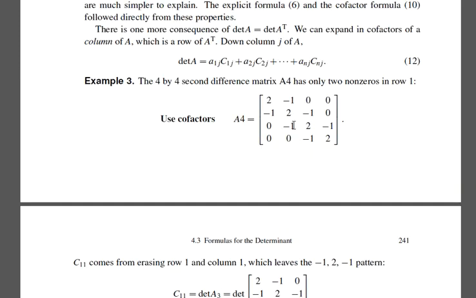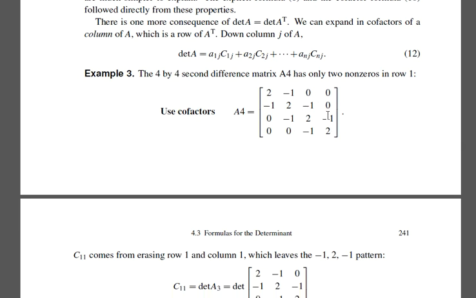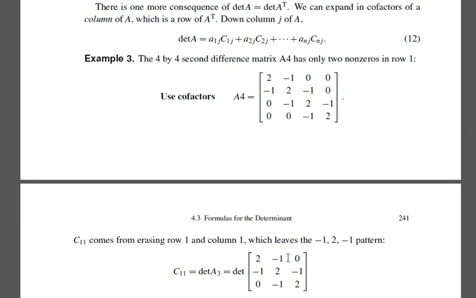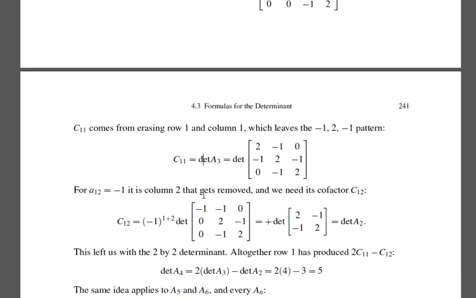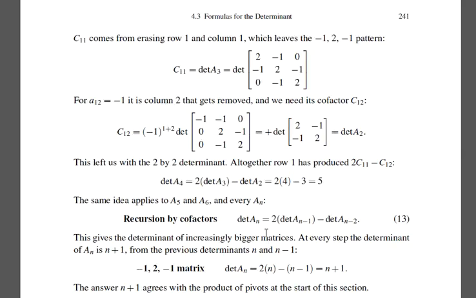All this: minus 1, 2, minus 1, 0, minus 1, 2, minus 1, and this way the cofactors are found. Depending upon the sum, it can be plus or minus, and the cofactors have to be found for all the elements of the matrix or determinant.